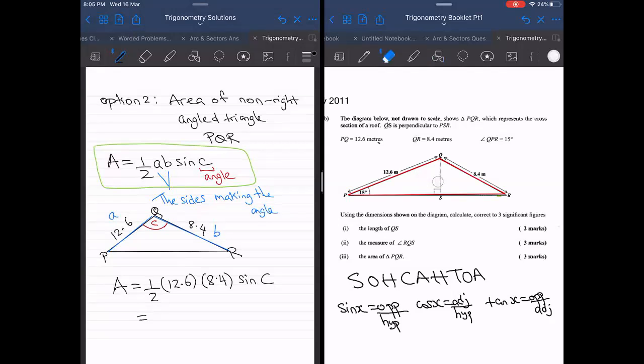All right, so let me erase this for a little bit. So if we can remember, the angle that we found up here, we just found it to be what? 67.2.